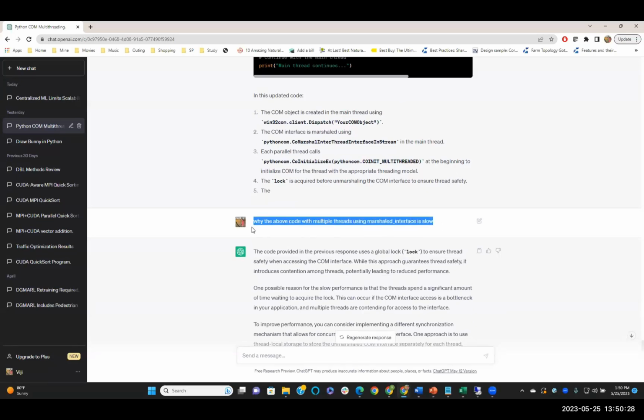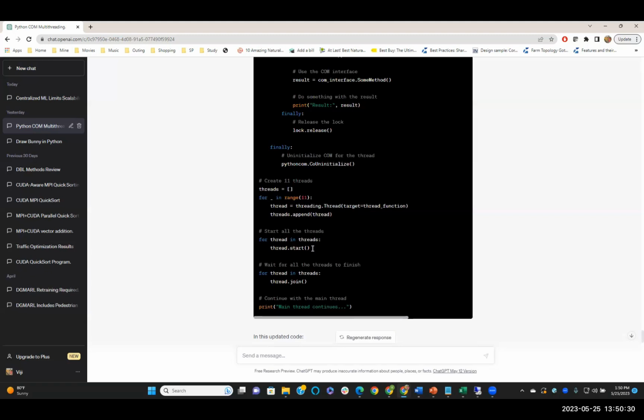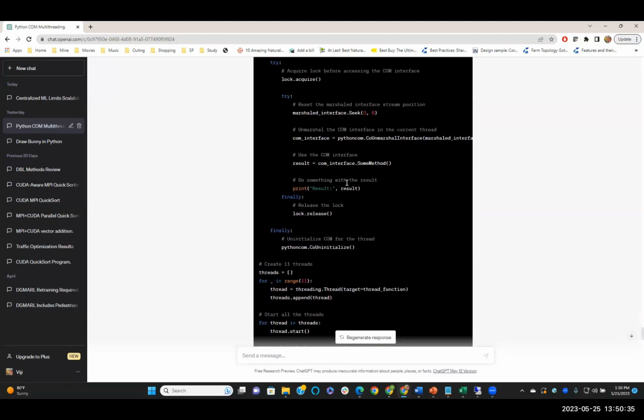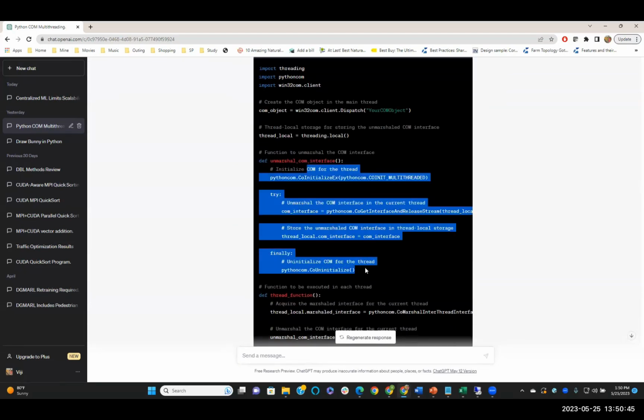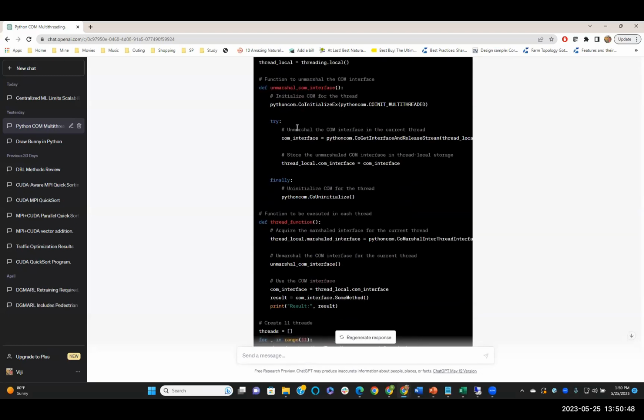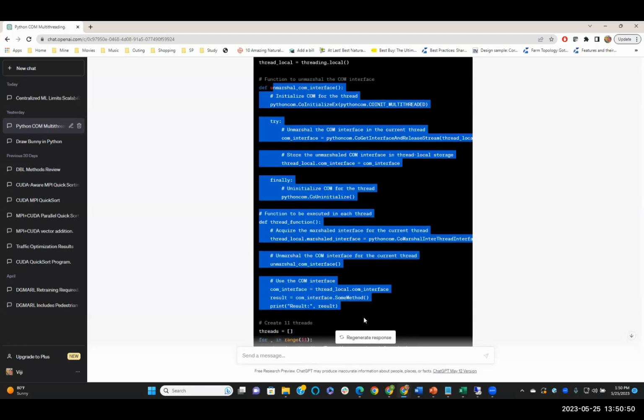So I asked why it is slow. Because we are using thread locking, the parallel processing is limited when the simulator object is locked in a thread, so another thread is waiting for it to complete the execution. That's where it is slow. So it gave me another version without locking the thread, but I have yet to try this, and it is a little bit risky. I want to make sure it works fine and test well.